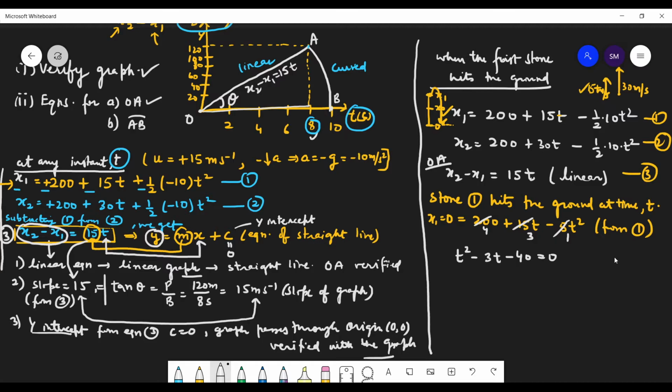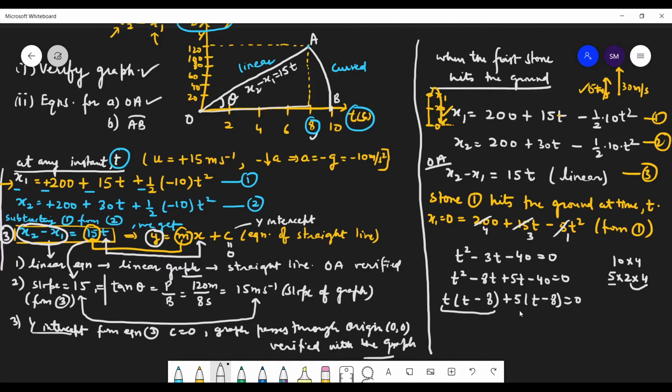And if you make the factors, 10 multiply 4 and 5 multiply 2 multiply 4, so that will be 8 and 5. So t square minus 8t plus 5t minus 40 equals 0. So this gives me t into t minus 8 plus 5 into t minus 8 equals 0.